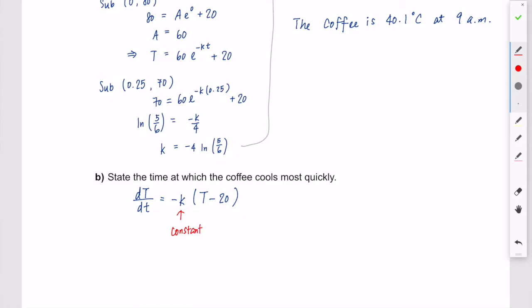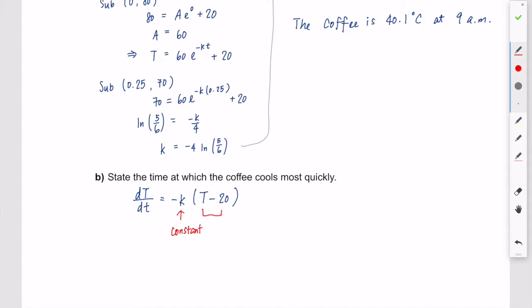So it doesn't really affect the change, because no matter what change we have, we still multiply by the same number. But this rate of change, dT by dt, is proportional to the difference between the temperature of the coffee and its surroundings.